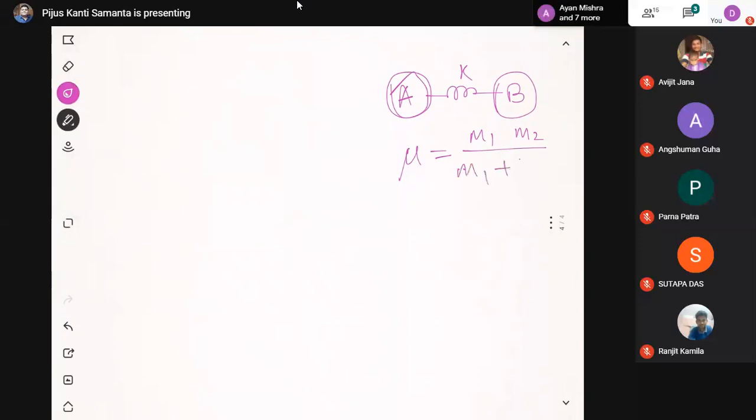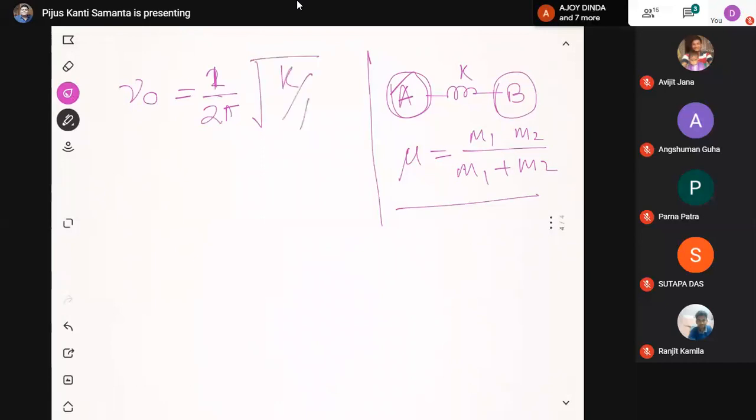So this is the reduced mass of the system, and in this case, this motion can be described by a one-dimensional problem of a single mass, and the frequency of oscillation nu 0 will be just the same as the previous one. So this is 1 over 2 pi root k by, instead of m, now we shall use the reduced mass of the system mu.